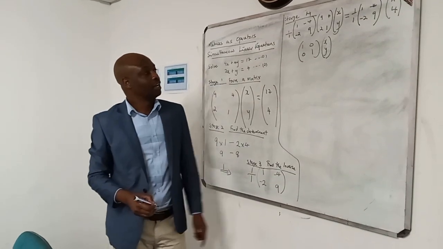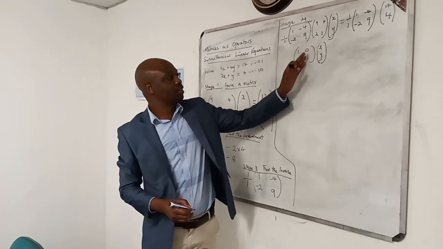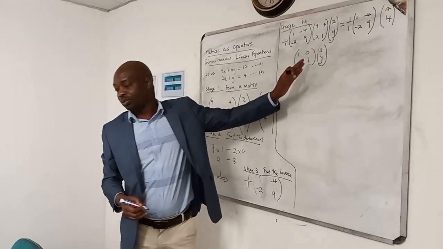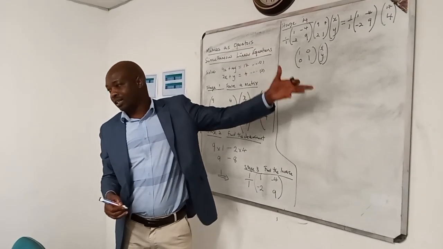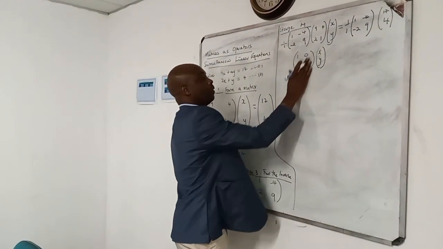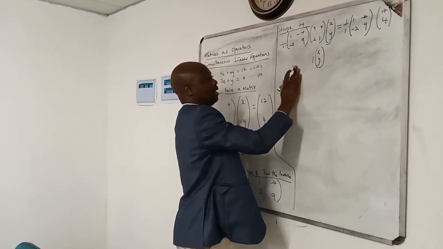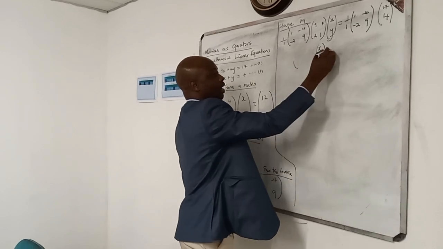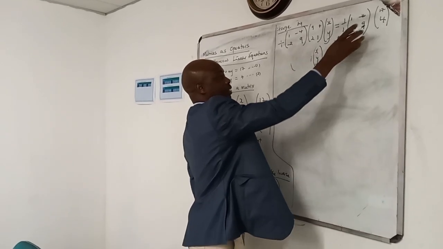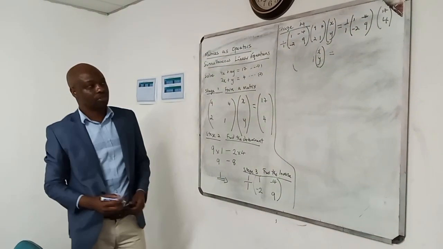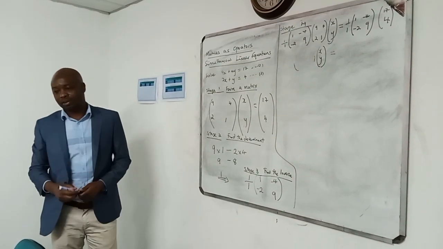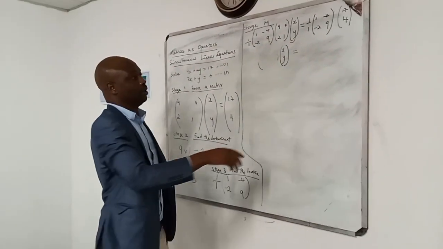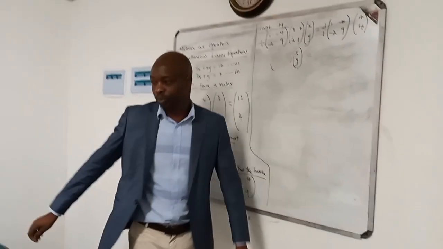So in this case, if we multiply 1, 0, 0, 1 times x, y, we get x, y. So there is no need to multiply this side. You will have to multiply the other side, your right-hand side. Can we have someone come and multiply these two quickly?